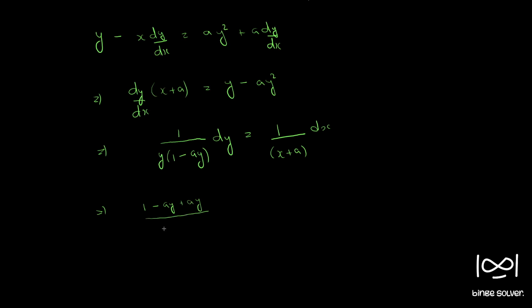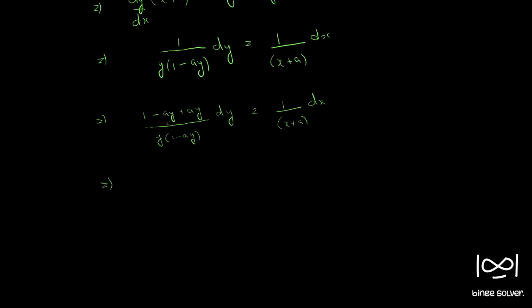So 1 minus ay plus ay over y into 1 minus ay dy.